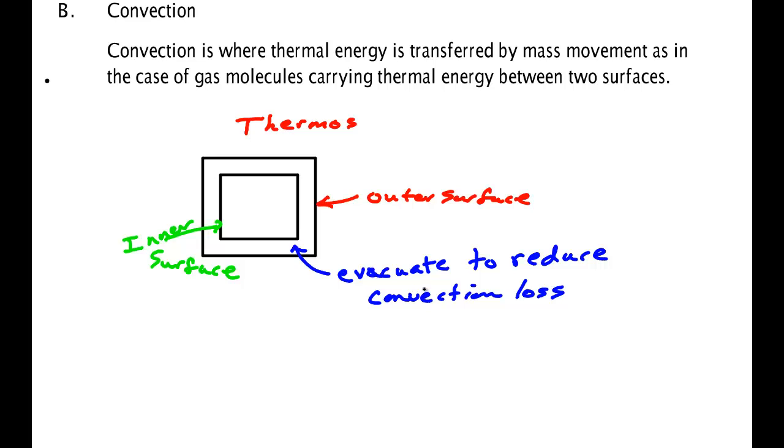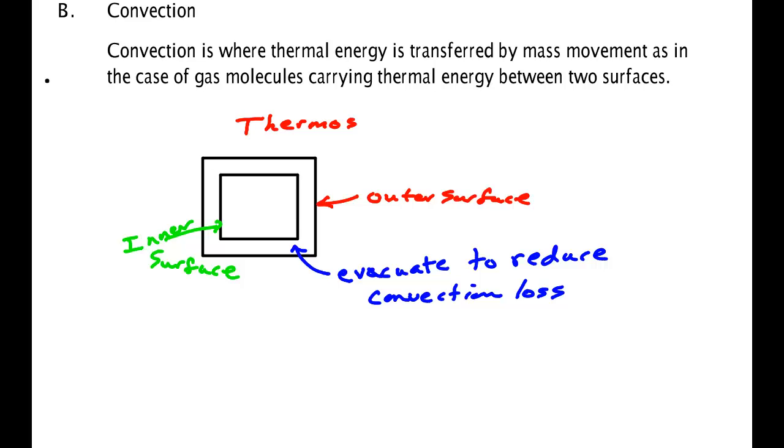A similar thing can happen in storm windows. Either you can put two plates with a gas that's trapped so it can't move very well, so that it has slow movement, or you evacuate. The problem with evacuating between the glass is that if the glass is really large, it creates a tremendous force and it will implode. So the glass won't handle it. But for a thermos, you have a metal container on one side and a much smaller glass section on the inside. This helps the process of being able to handle a vacuum, at least a small vacuum in here.